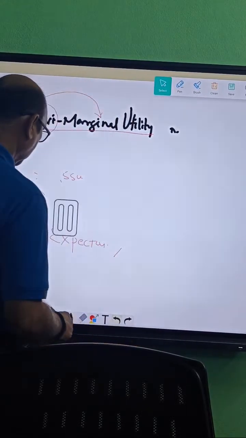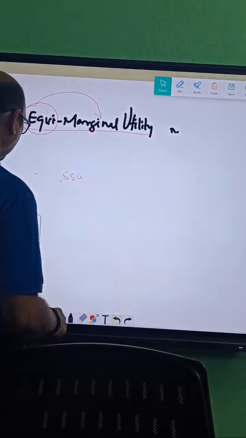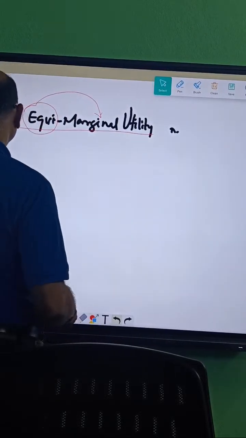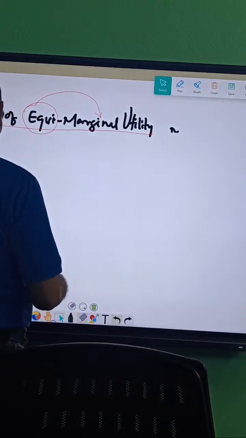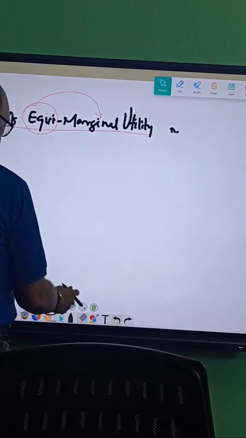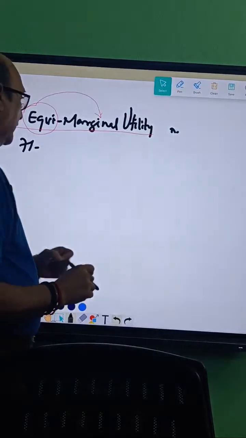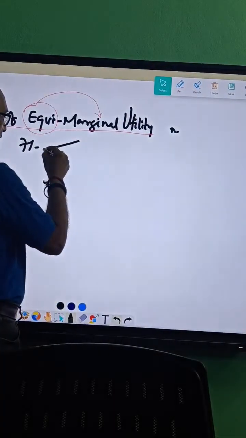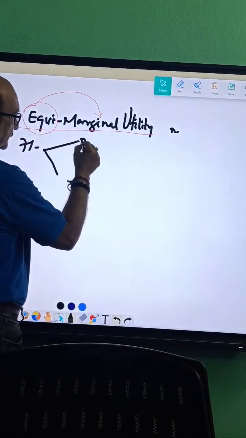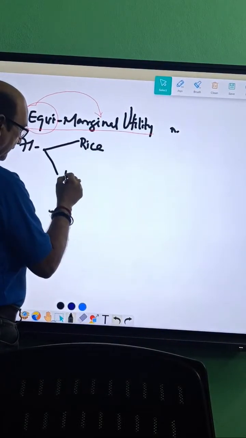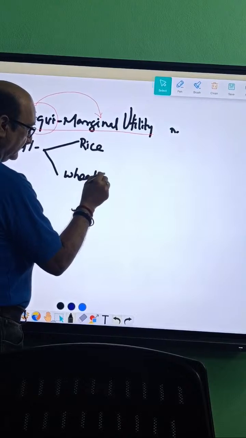So if a person has a thing, that is 7 rupees, which he can put into use in the purchase of two goods. Let us assume rice and wheat. If you are a Punjabi, you will love wheat.